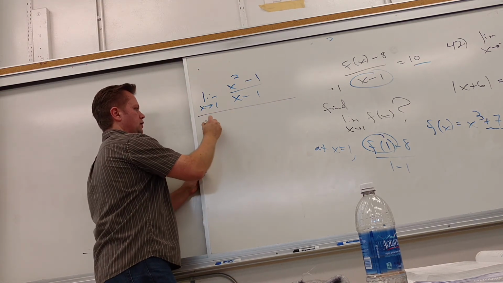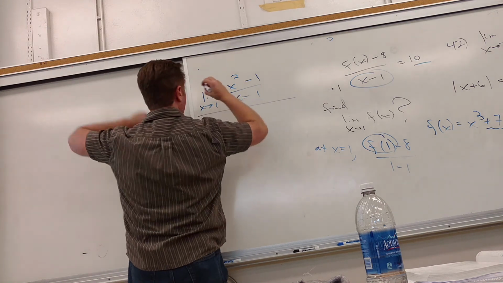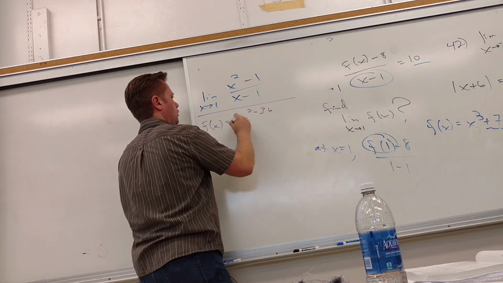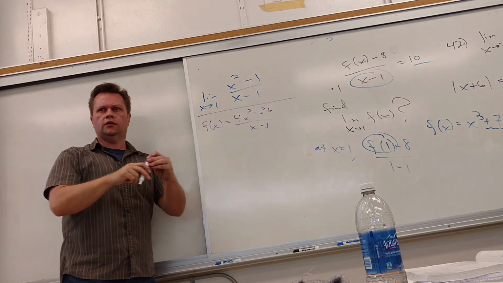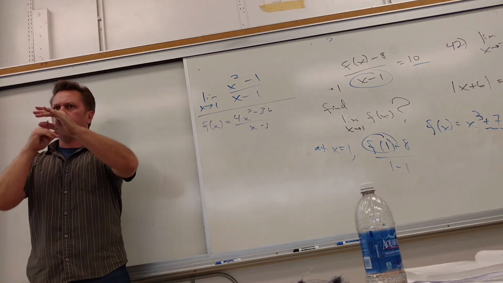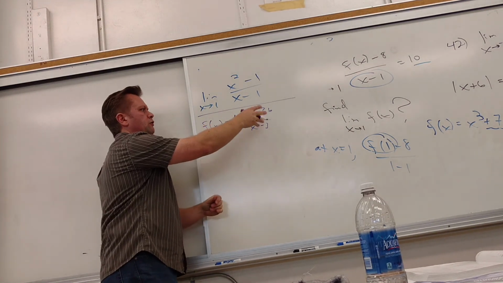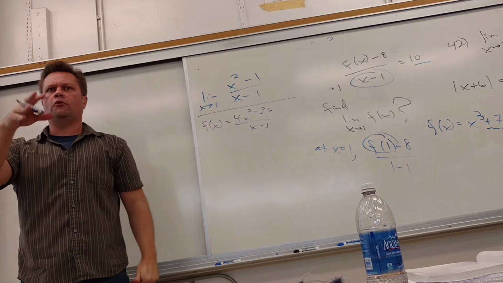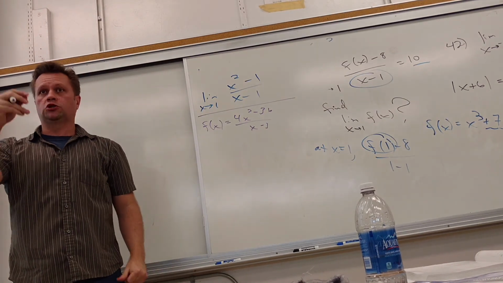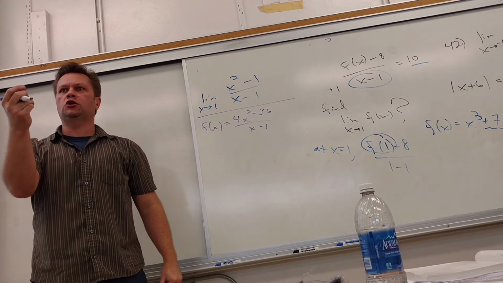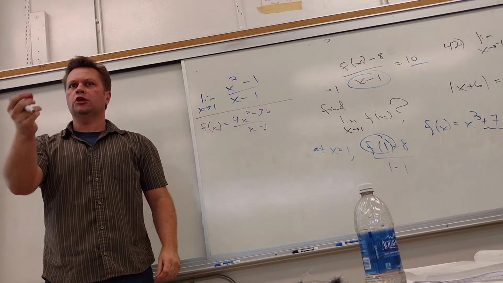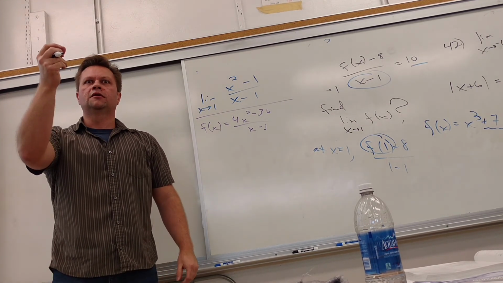So my function is 4x squared minus 36 over x minus 3. Right? And real quick, can't we simplify this for all points except 3? We can do it, because is our problem actually going to involve a value of 3 as an input?